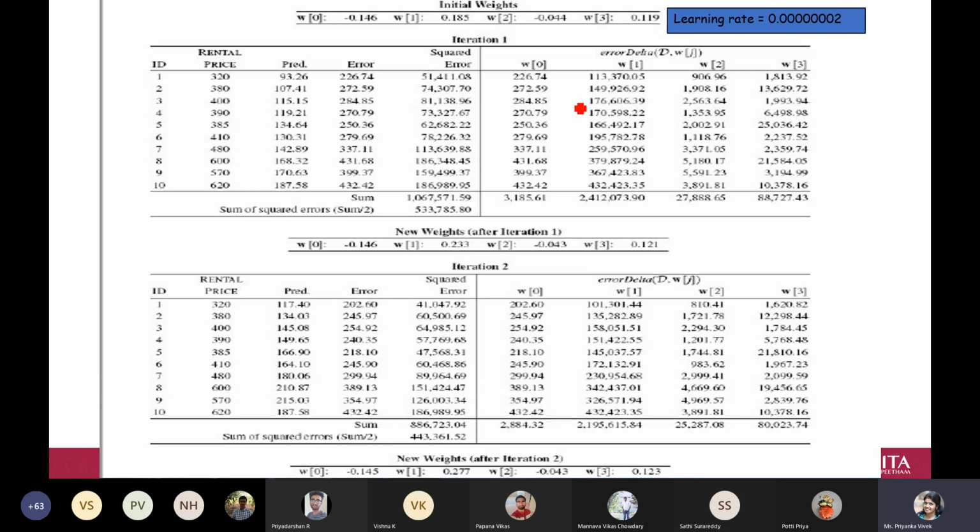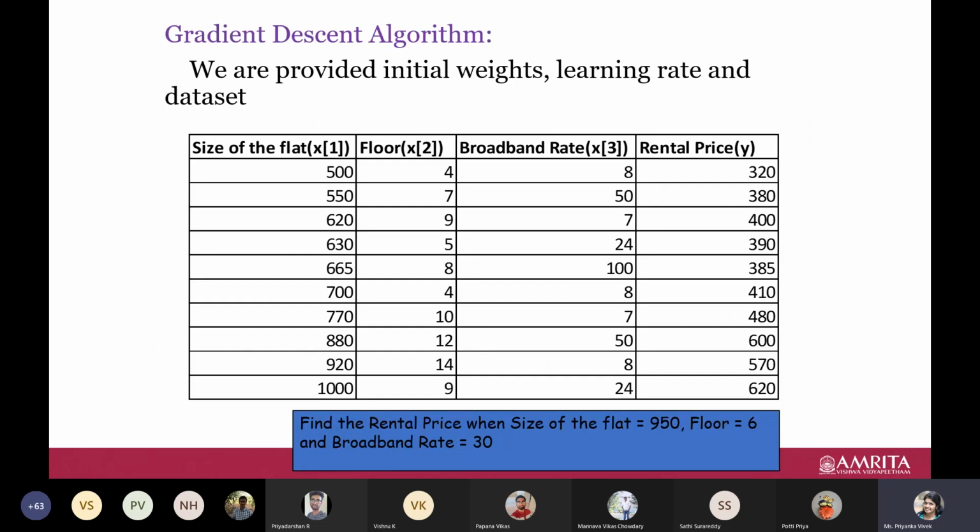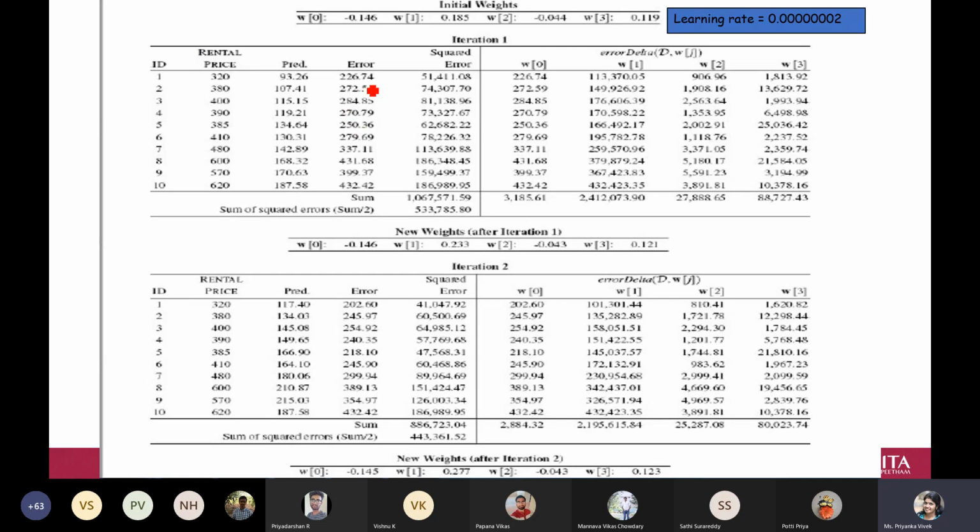If you go back, the first x1 is 500. In the first instance our error was 226.74, so 226.74 into 500 gives this particular value.